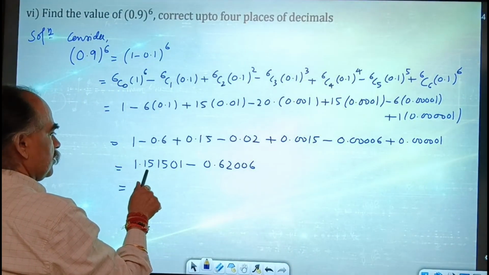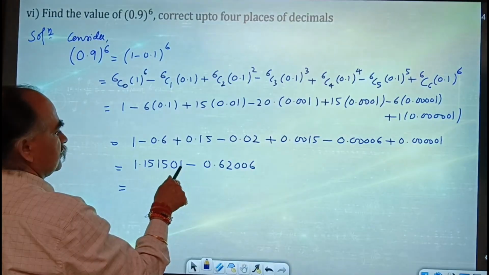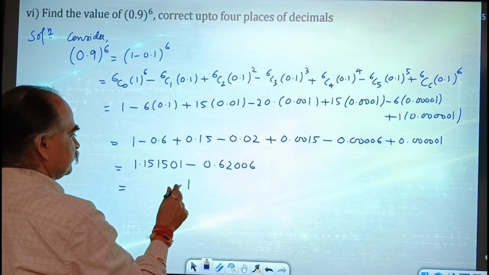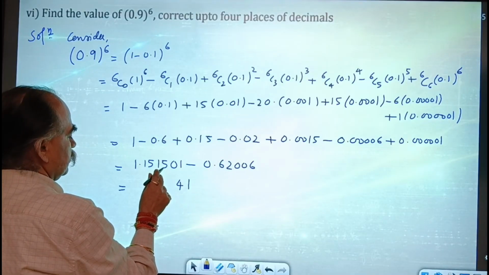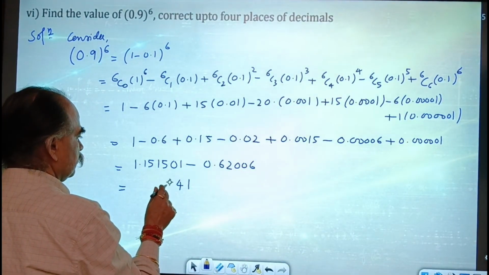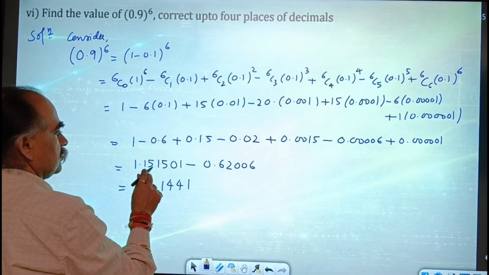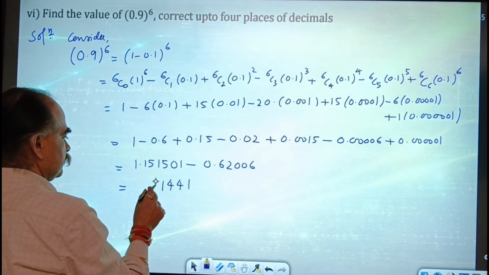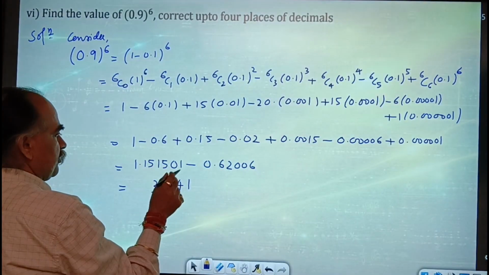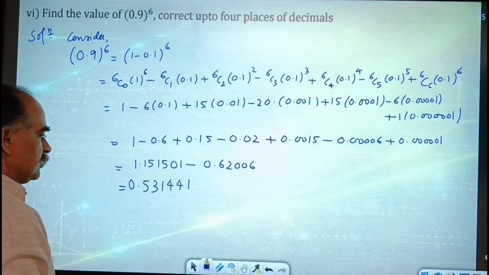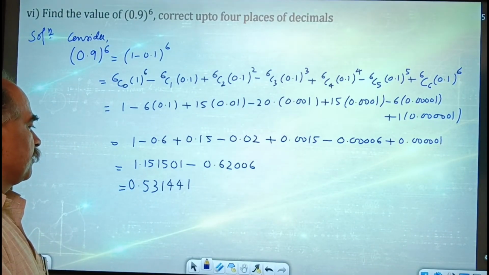Subtract them. 10 minus 6 is what? 4. 4 minus 0. 1 minus 0. 5 minus 2. 11 minus 6, 5. So we get 0.531495.